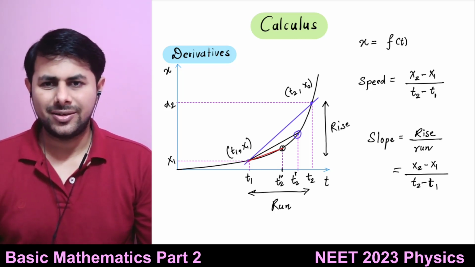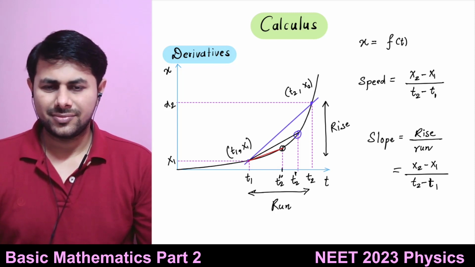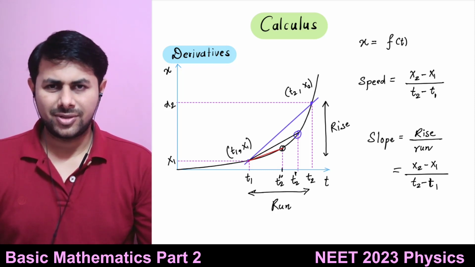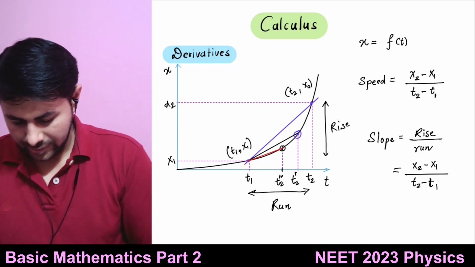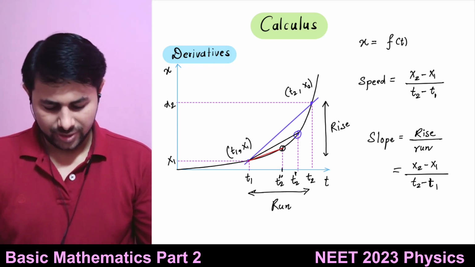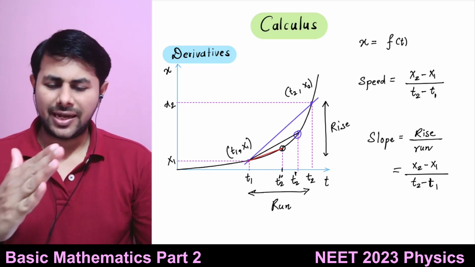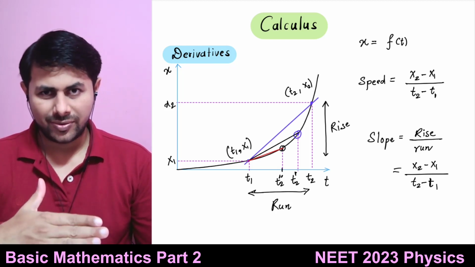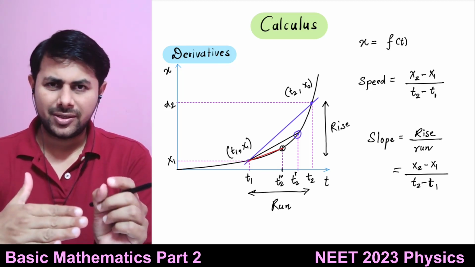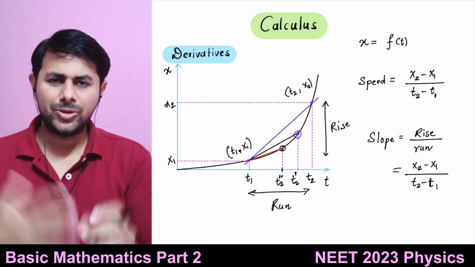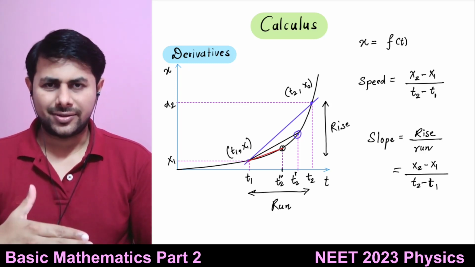So what will that be? Anybody? What will happen to this line which gives you the slope? See, the line is approaching closer and closer to the curve. So if time difference is made very very small, almost zero, what will happen to the line?